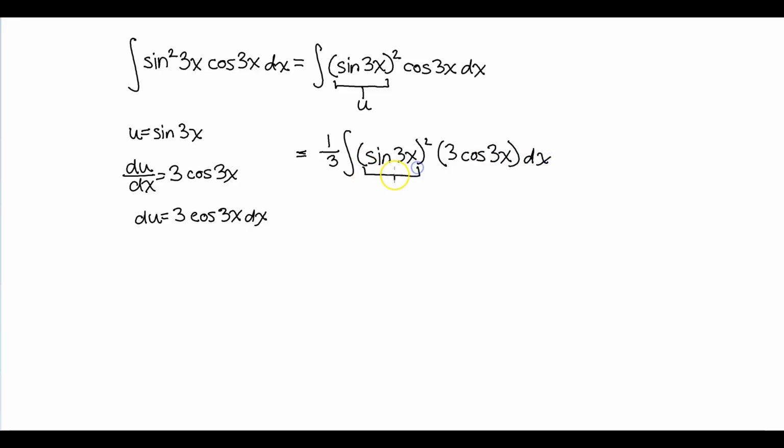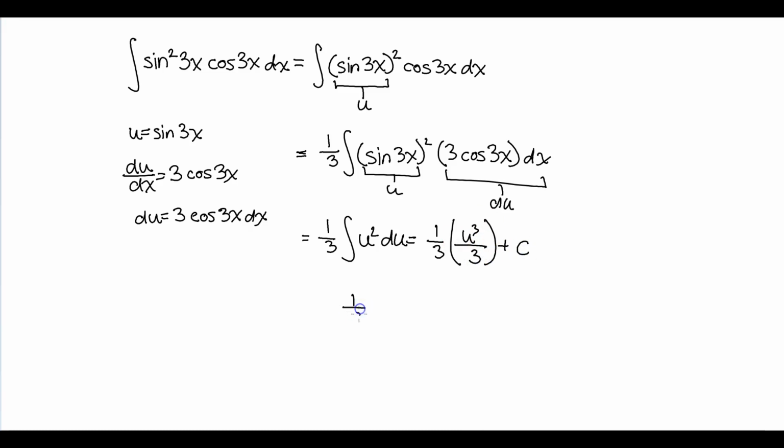So here you can put in your u, and you have your du. So you have 1/3 integral of u squared du. And that's 1/3 times u cubed over 3 plus c. So you have 1/9 u cubed plus c, and u is sine of 3x.